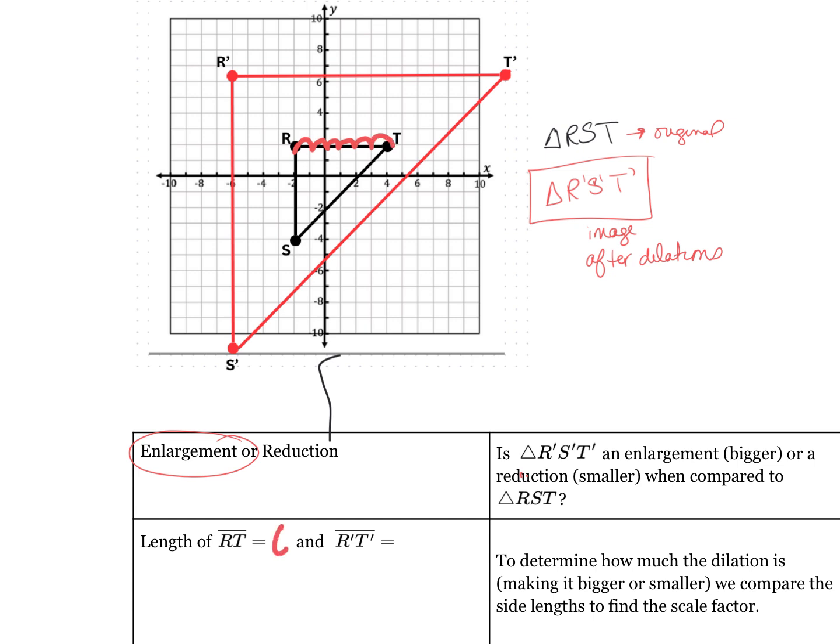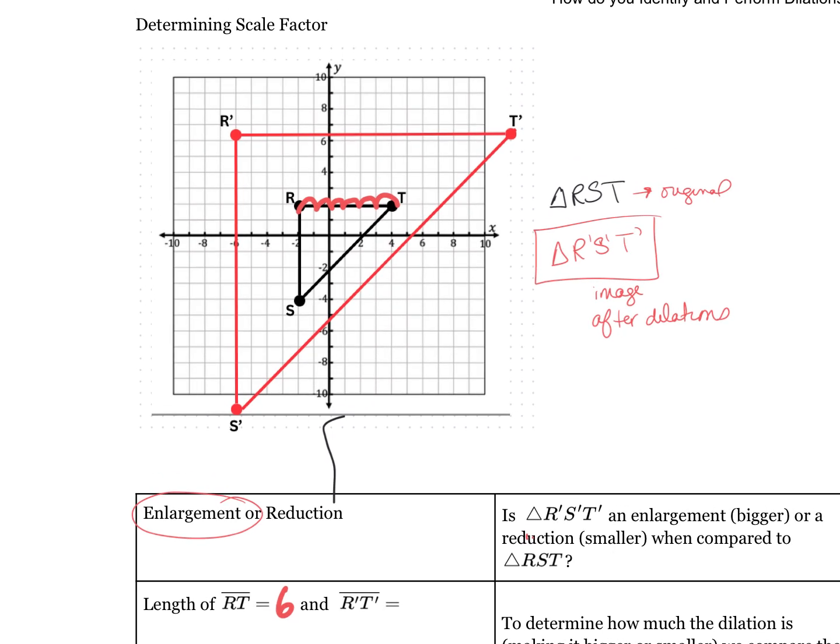It has a length of 6 units. And then I can count R prime T prime: 1, 2, 3, up to 18.